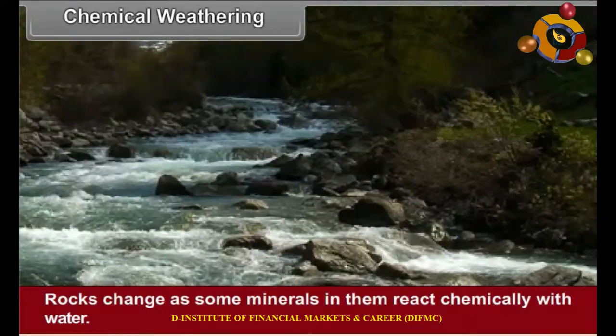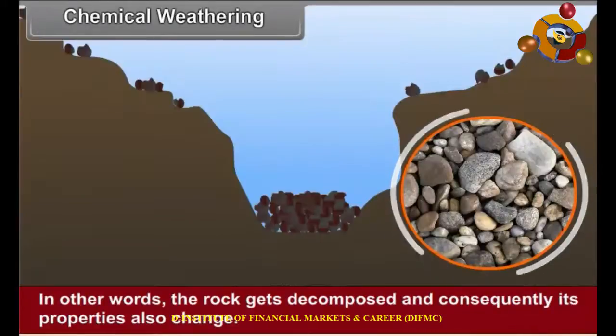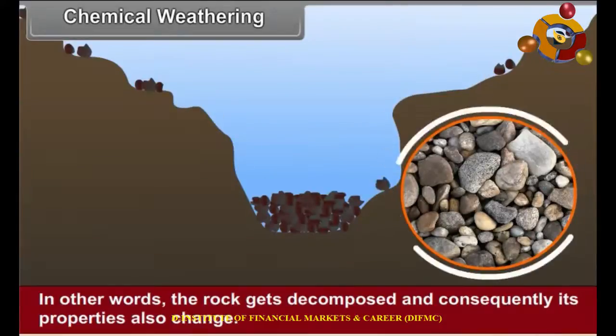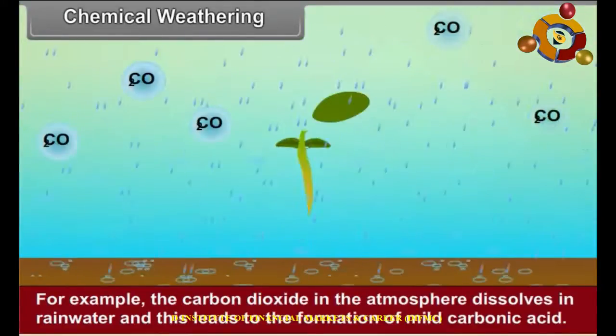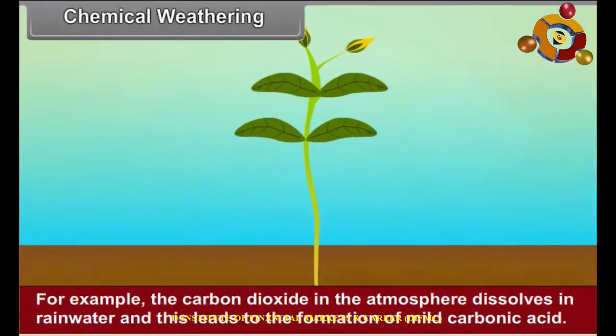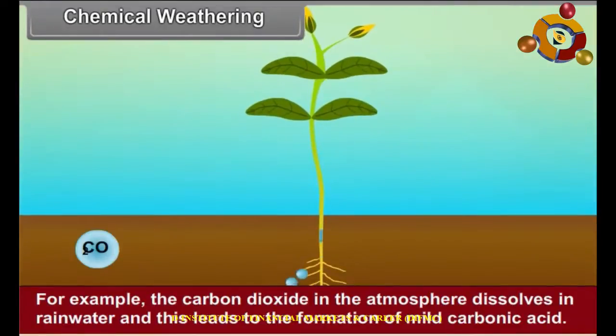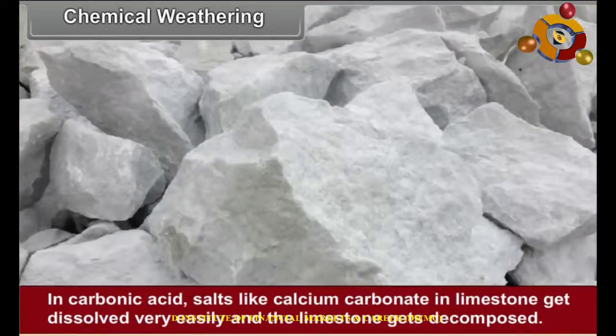In carbonic acid, salts like calcium carbonate in limestone get dissolved very easily and the limestone gets decomposed. The water or moisture in the air reacts with the ferrous minerals in rocks. Their rusting leads to decomposition of rocks.